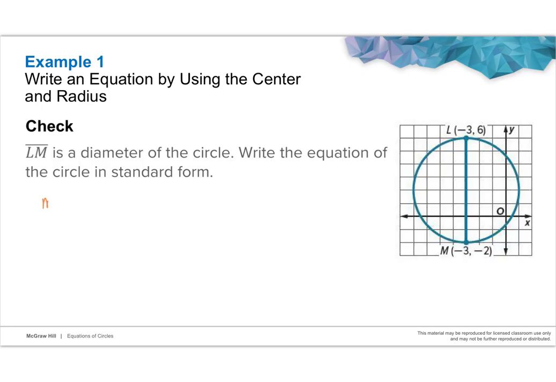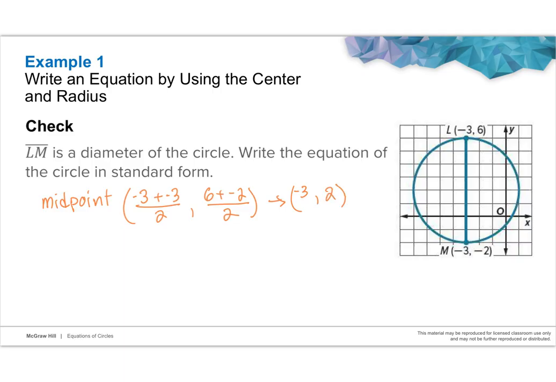So we can find our midpoint by taking the average of the x's and the average of the y's. That is going to simplify to -3 and 2.